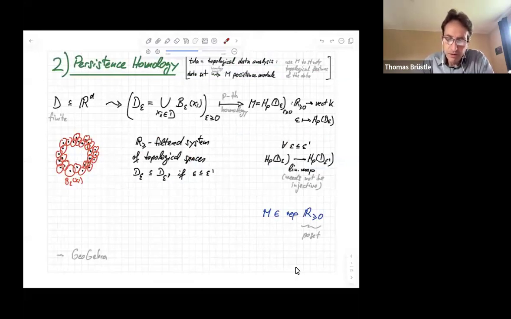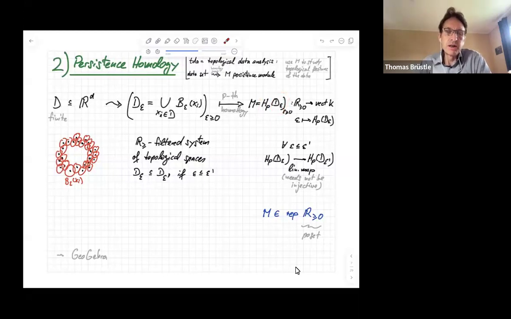And to each member of that system, so to each topological space D epsilon, we now compute the p-th homology group of index p. In TDA, usually they consider only H0, so they count connected components in order to recognize clustering in the data, or they would measure H1 to recognize non-contractible circles, and sometimes H2.